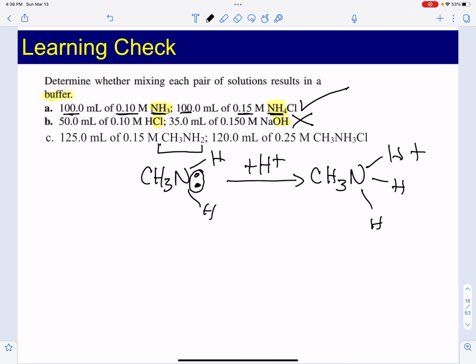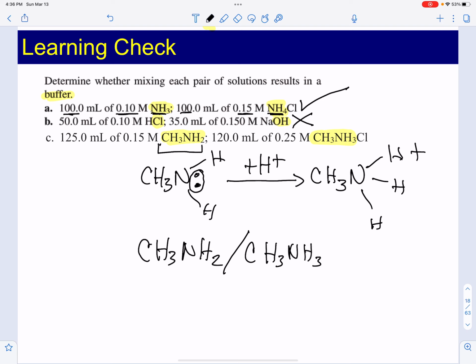So is that what we have? Where we have the base and its conjugate acid right there, right? So we're going to have CH3NH2 and its conjugate acid, which is CH3NH3 plus. And I know that because I know this is Cl negative, so this has to be plus.